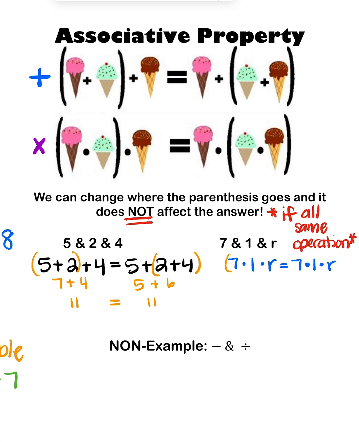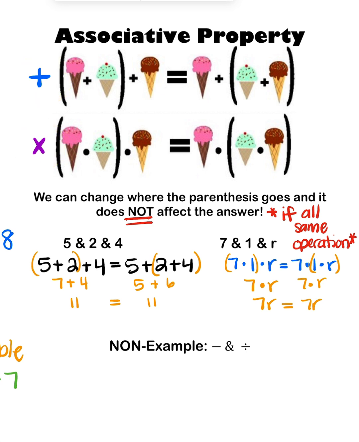So we'll start at the front here and we'll do the back here. And then we'll solve it and see if they come out equal. So on this side, the left side, 7 times 1 is 7 times R is 7R. And on this side, 1 times R is just R times 7 is, again, 7R. So again, as long as it is all adding or all multiplying, the parentheses can move around wherever they want.